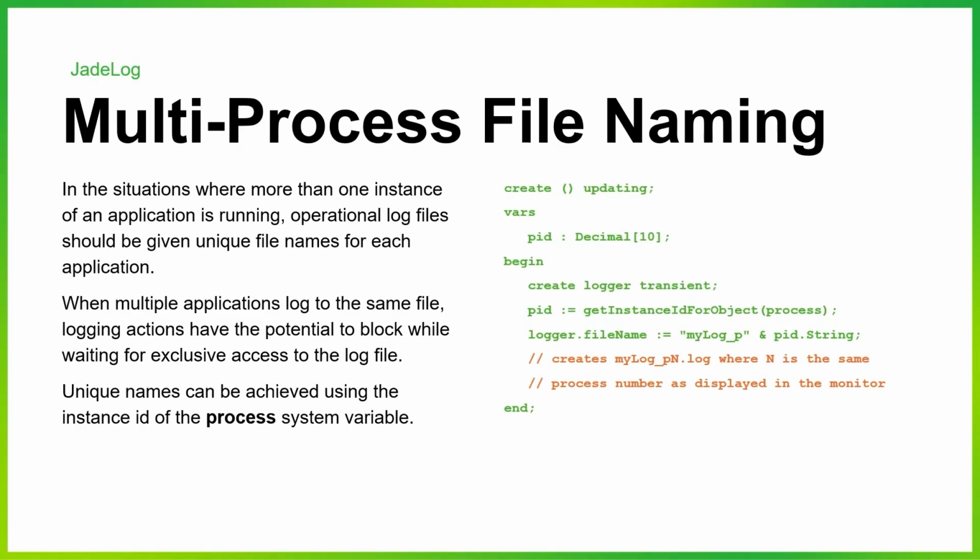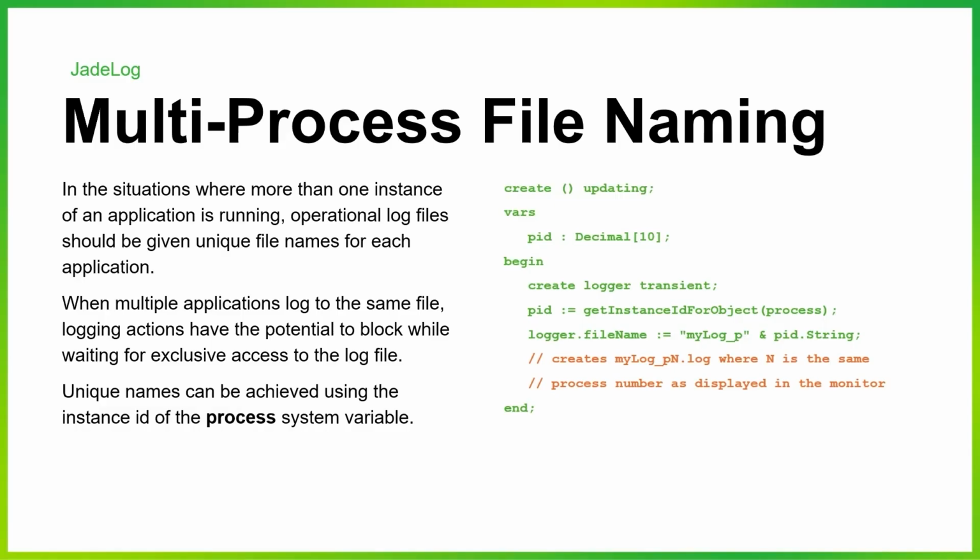The actual bit of code under the hood that writes the data to the file is single threaded. Essentially, it's lock protected. So if you are going to have multiple applications, better to add a process ID into the name of the log file, and there's a bit of sample code there on the right on how to do that.